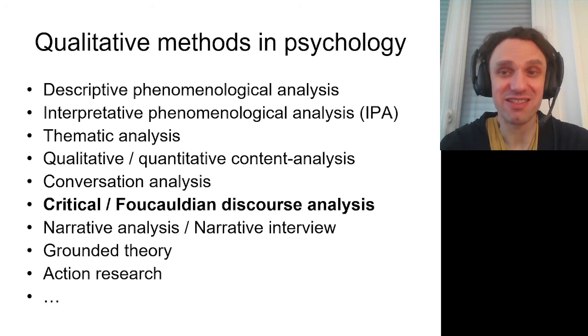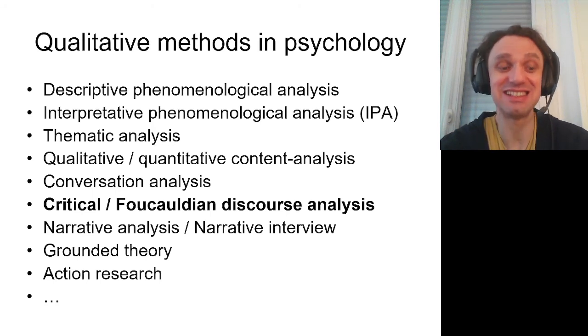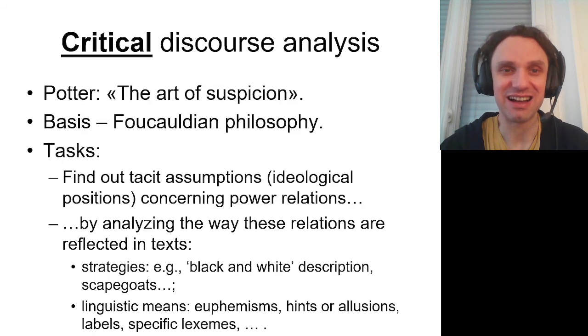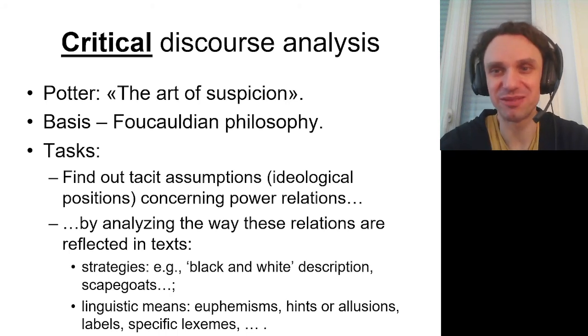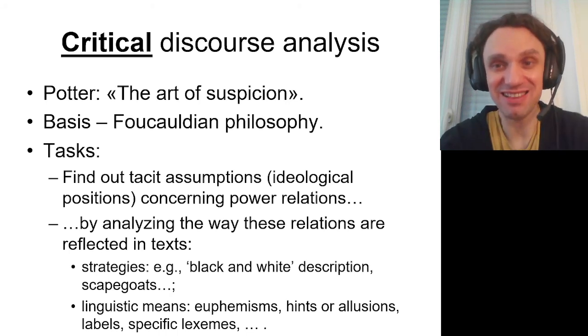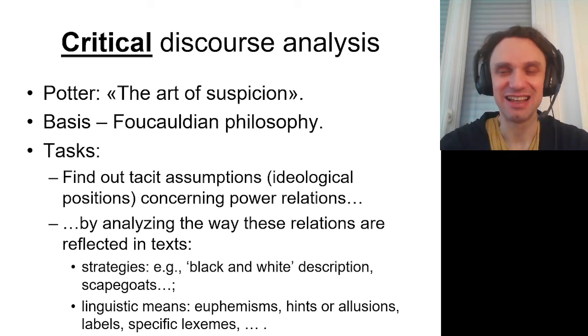There are also some other methods that we use occasionally. I will not say much about them, but if you're interested, you might easily find chapters in the textbooks. Critical discourse analysis, or Foucauldian discourse analysis. On the one hand, it's very similar to phenomenological analysis, but on the other hand, it's completely different.